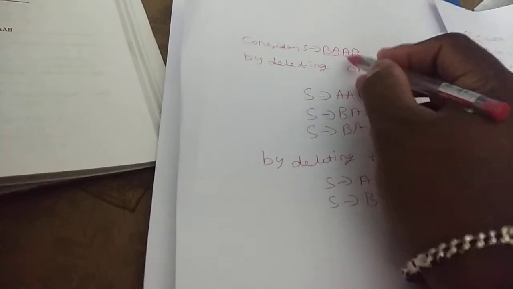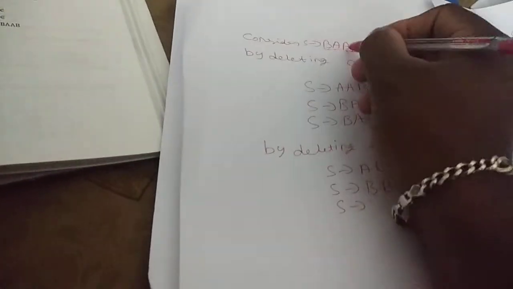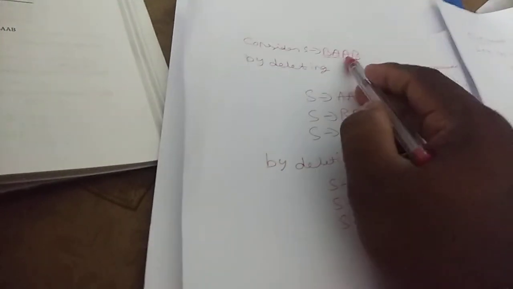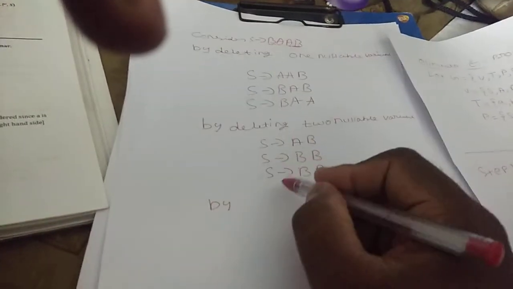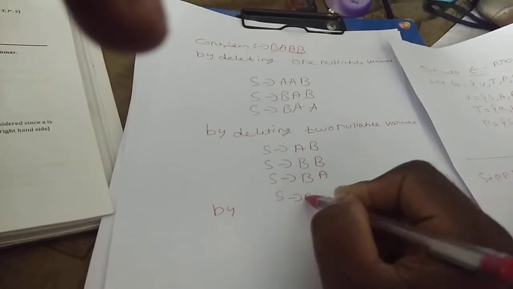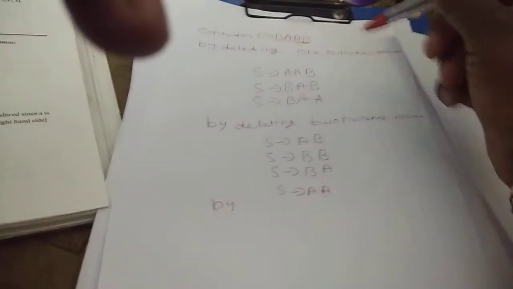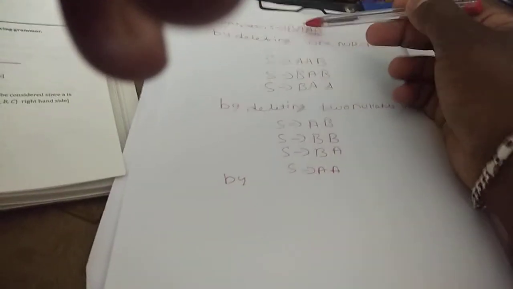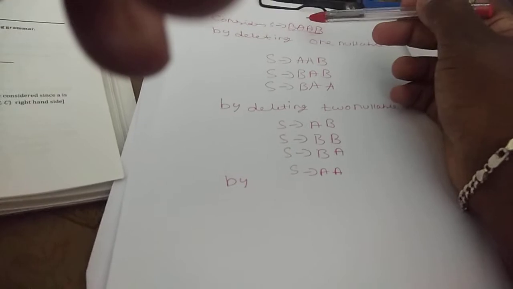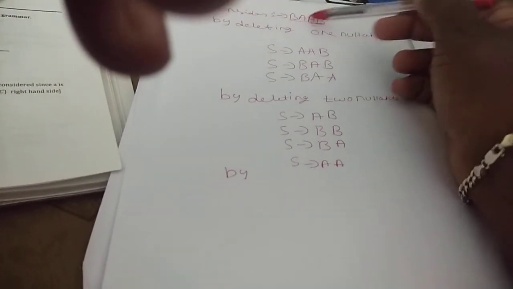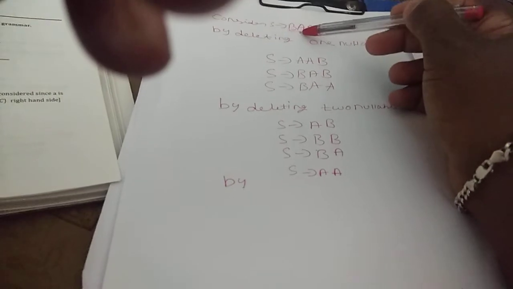If you delete these two, you will remain with A and A. And if you delete this A and B, you will remain with BA.